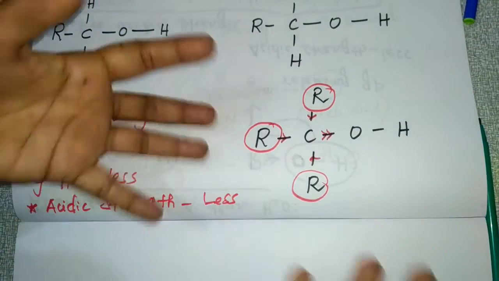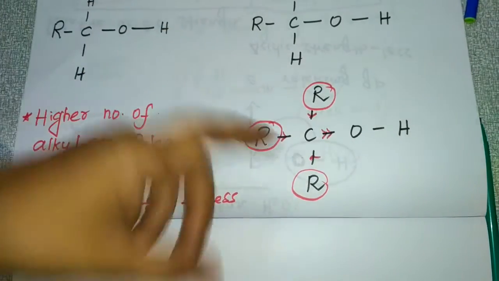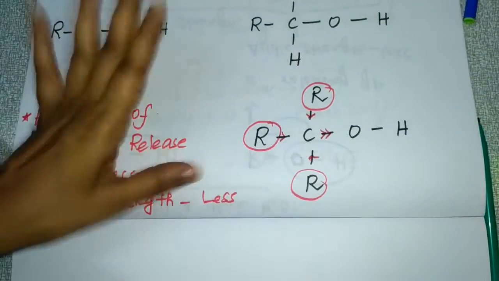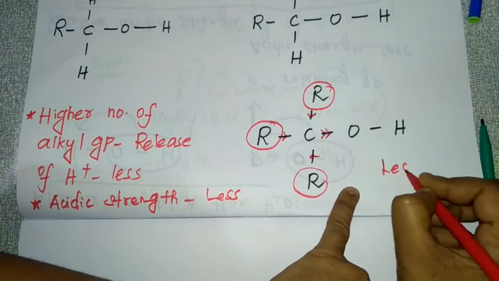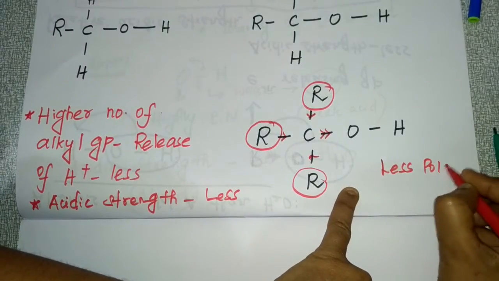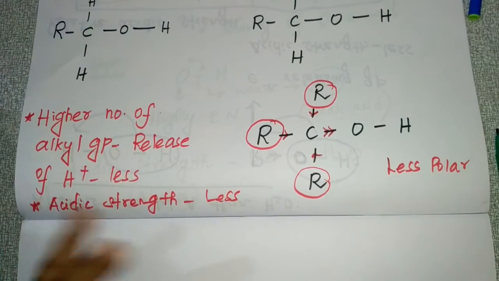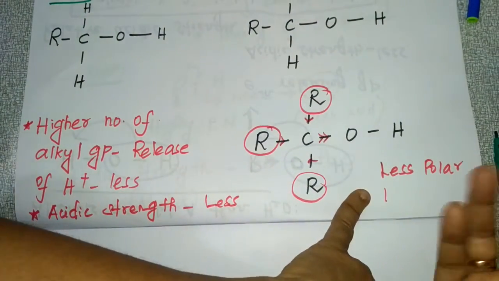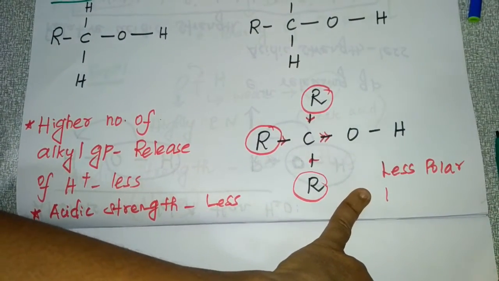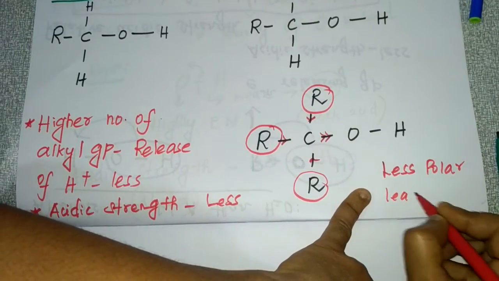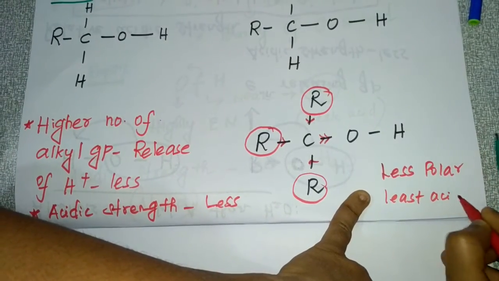So the polarity will be very less in this tertiary alcohol, very less polar because of more number of alkyl groups, and the acidic strength also will be very less. So you can write least acidic.